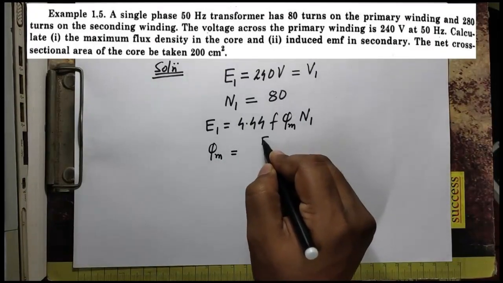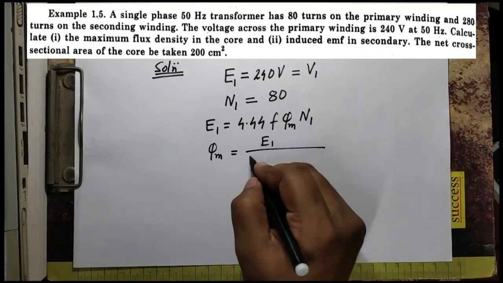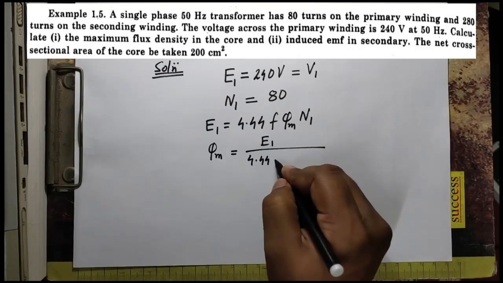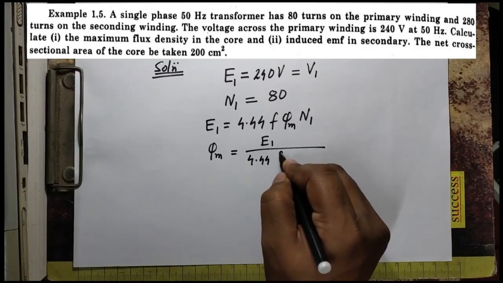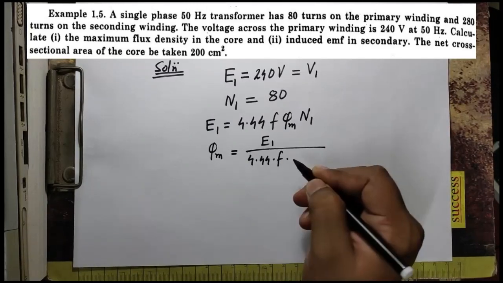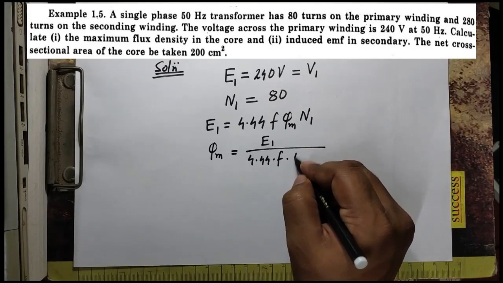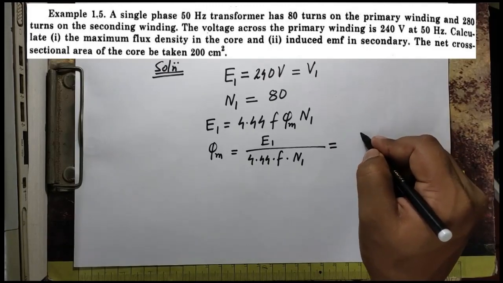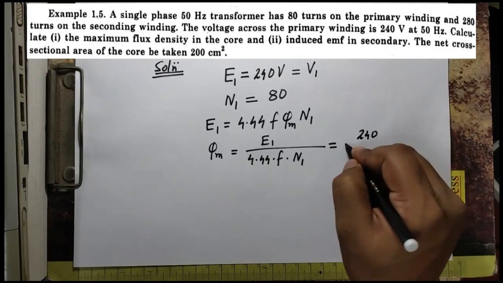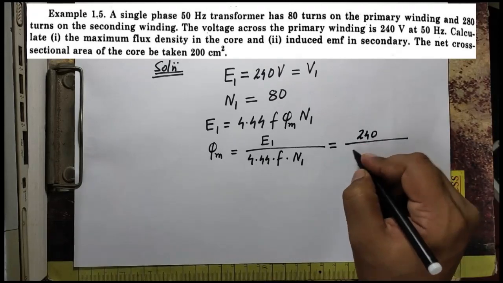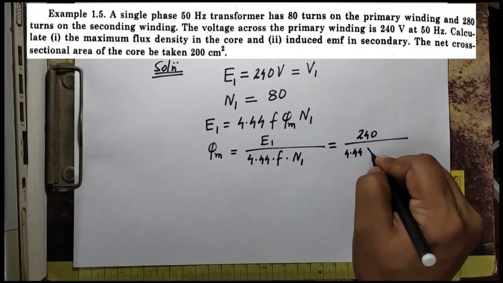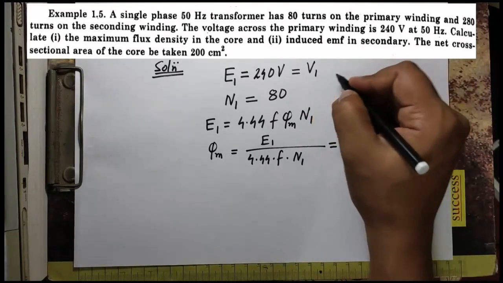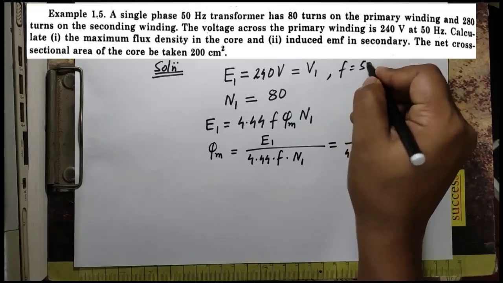It will be equal to E1 divided by 4.44 F N1. What is E1? E1 is given 240 volt, divided by 4.44 into F. F is 50 hertz, which is given.